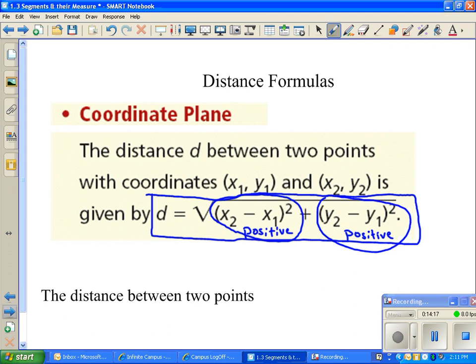When you add them together, they should still be positive because they're both positive. Take the square root of that positive answer. If you get a square root of a negative answer, it's going to shoot out an error in your calculator, and you did something wrong.